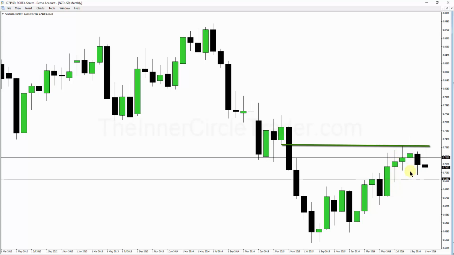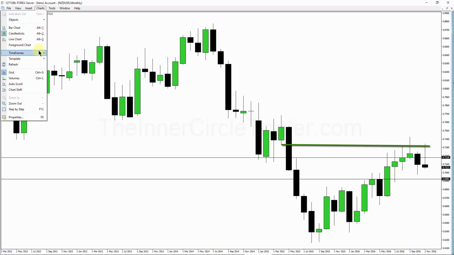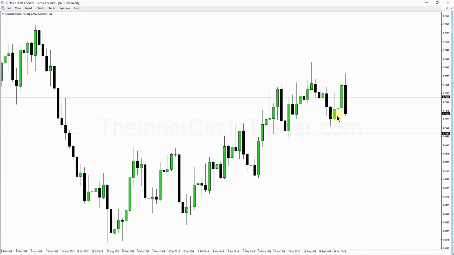And we've moved away from the last up candle, exercising this as a bearish order block. We go down to a weekly. You see price trading up into the bearish order block. It does trade through the body of this candle, but it's rather sloppy right now.